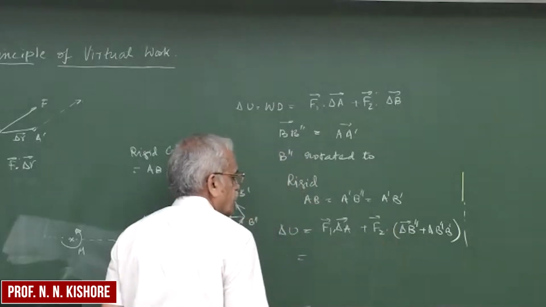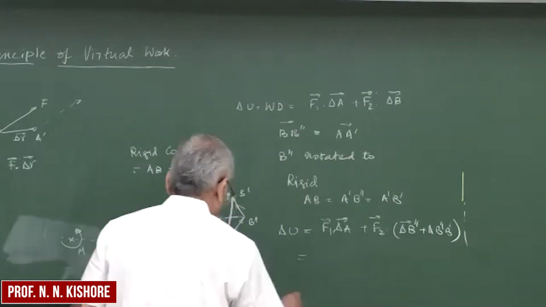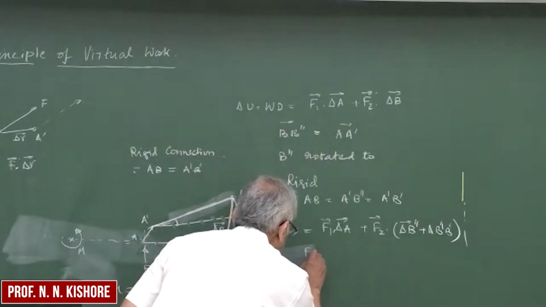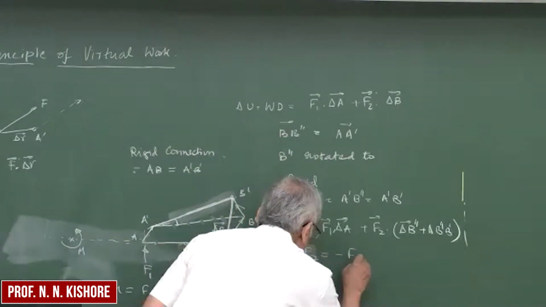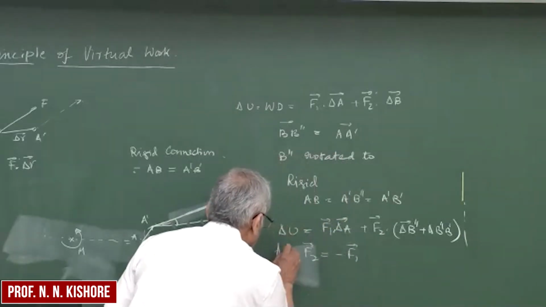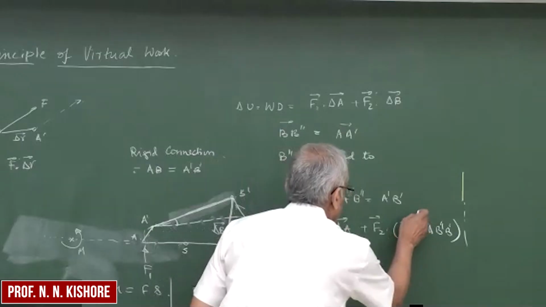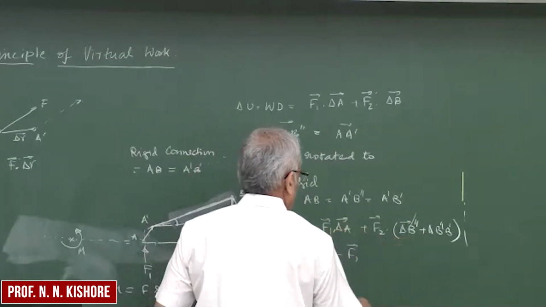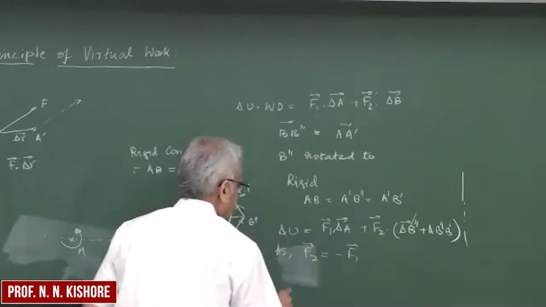And what we know here is that since F2 is equal to minus F1, the first term gets cancelled, right? Because delta A and delta B are the same, and F2 is equal to minus F1.